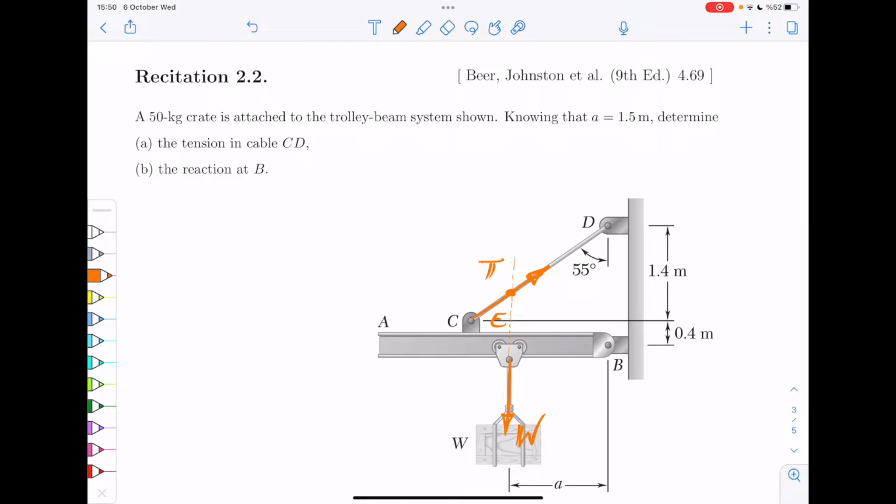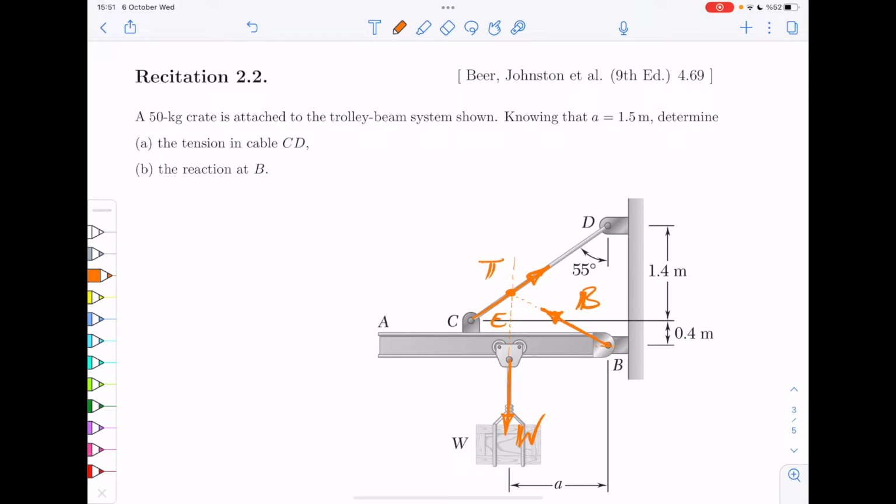Otherwise, it will cause a moment with respect to this point, which is against equilibrium. So basically, you know that your reaction force at B must be in this particular direction. So let's call that vector B. It's a bold B.